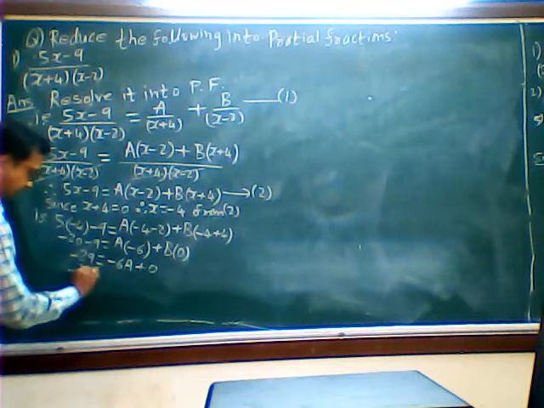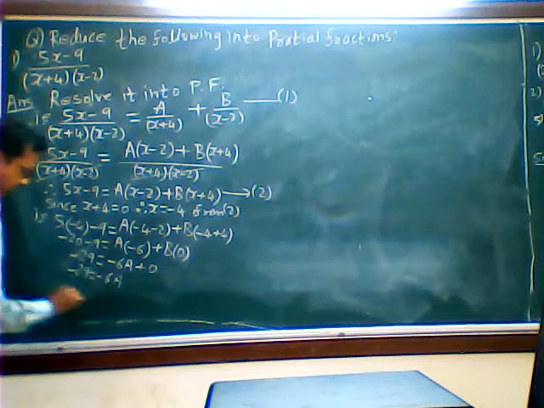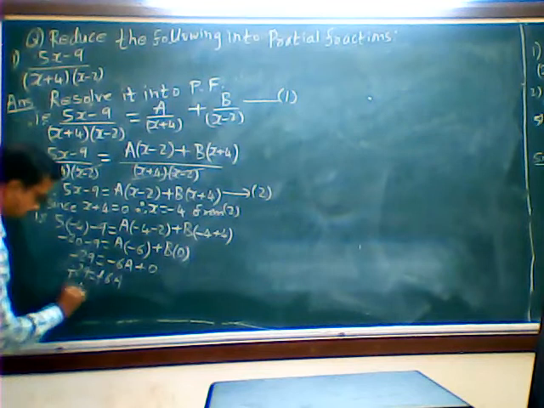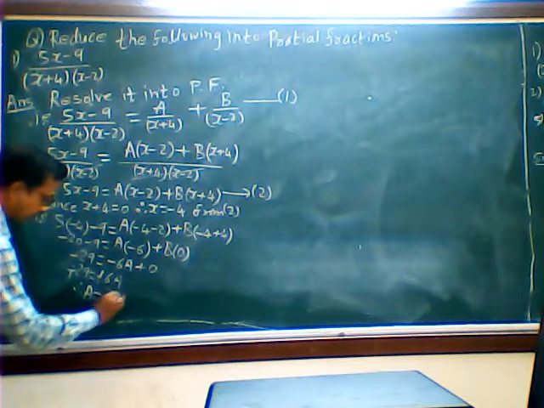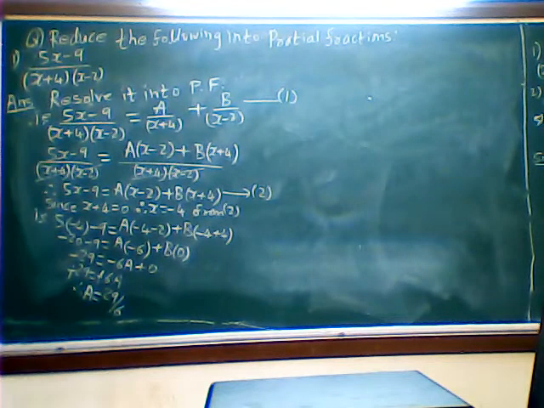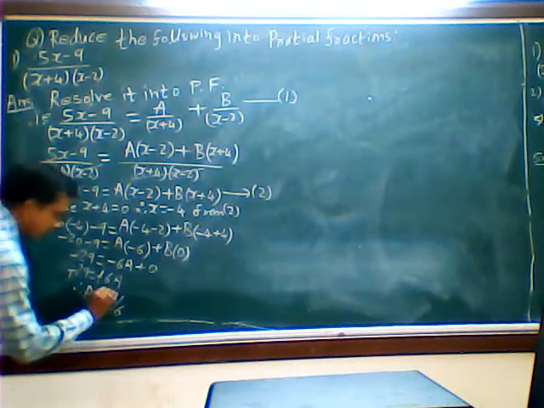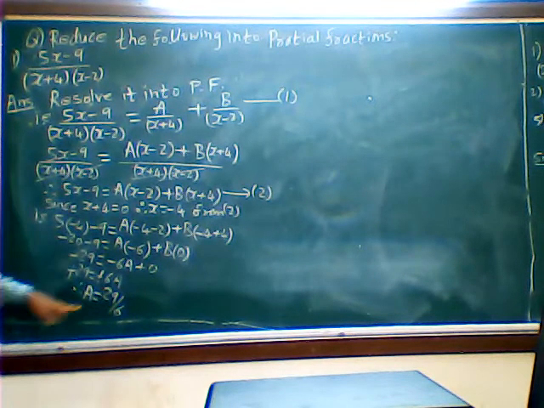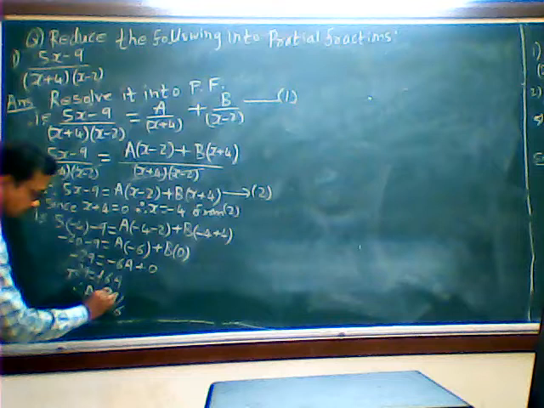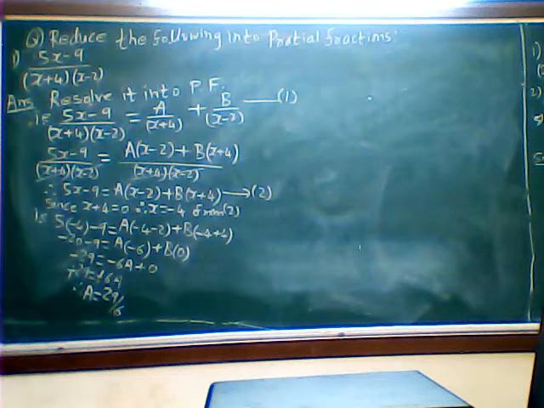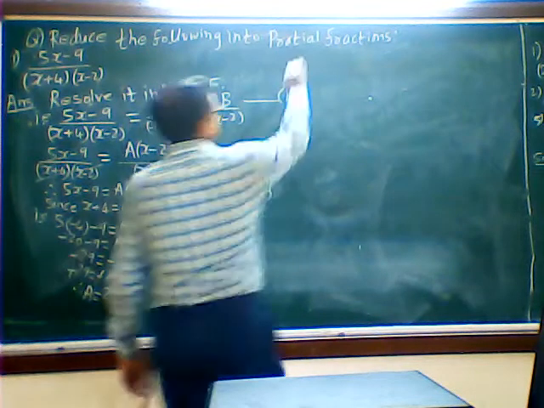So −29 = −6A. Minus minus cancels, therefore A is 29 upon 6. I got the A value. Next I will find the B value.